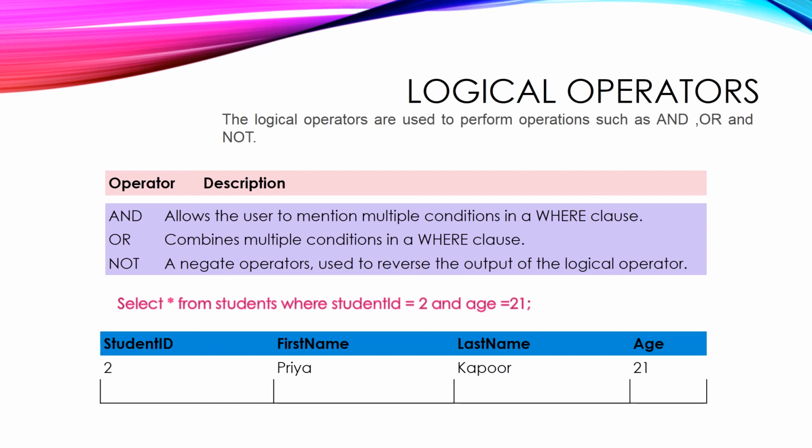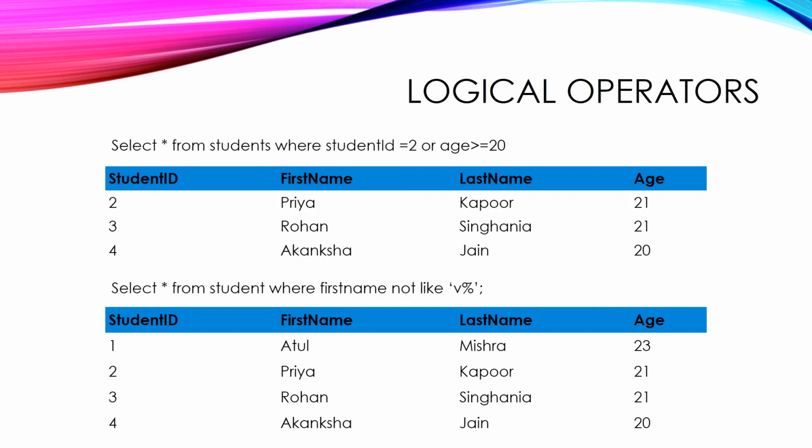First one is the AND operator. The query is SELECT * FROM student WHERE student ID = 2 AND age = 21. So both conditions are satisfied, and the record is displayed. The next logical operator is OR.